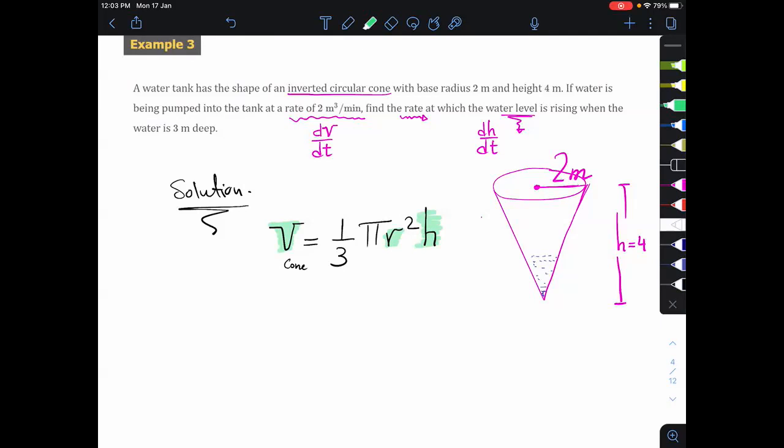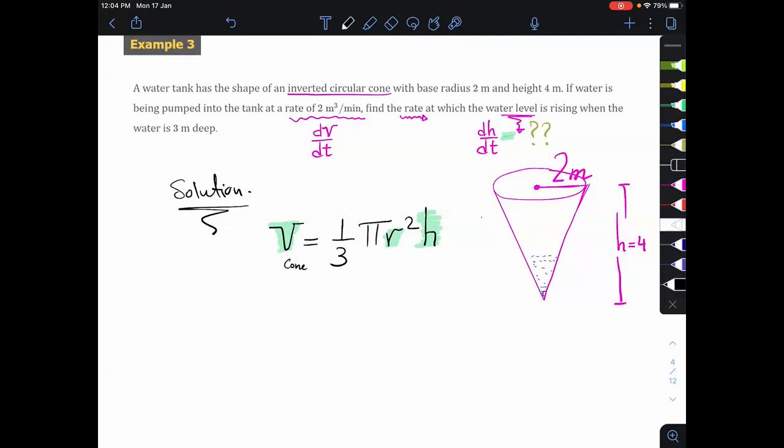So we should do, guys, one more step before differentiation. نعمل بس step واحد. We should find the r in terms of h, or h in terms of r. And this depends on the question. The question is asking for dh over dt. So you have to find the r in terms of h.